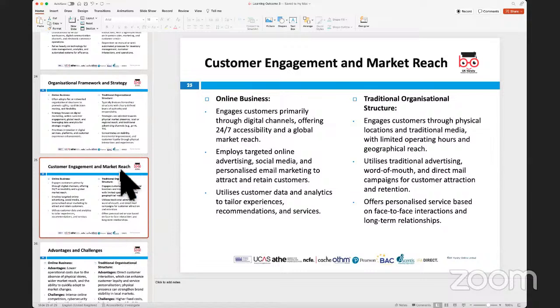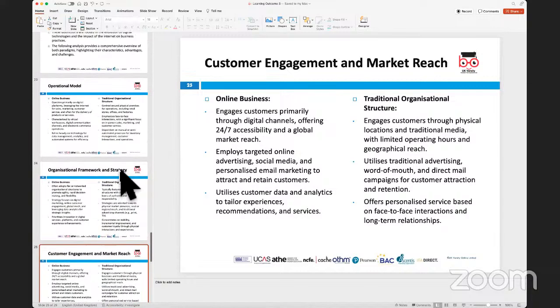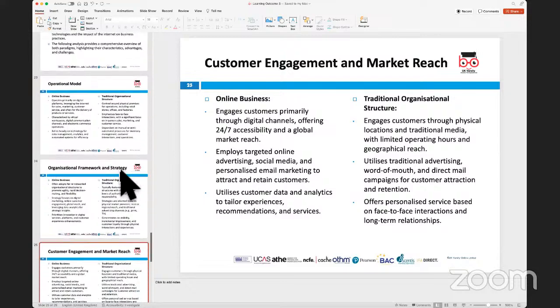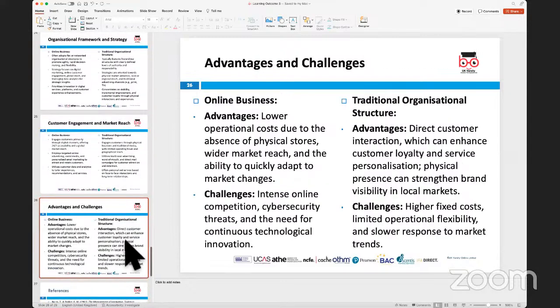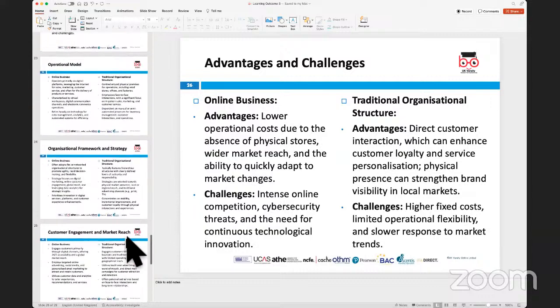Across these three parameters, I can discuss and highlight the differences between an online business model and a traditional organization set up as a business. And towards the end, I've also mentioned advantages and disadvantages of online business and a traditional organizational structure set up business.